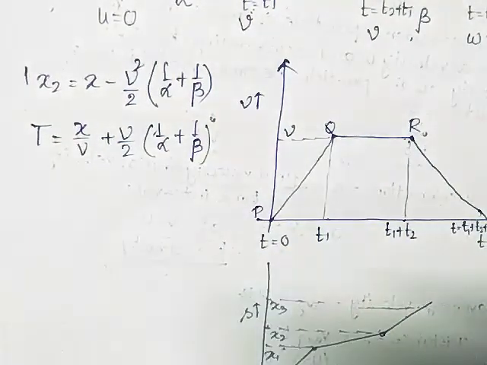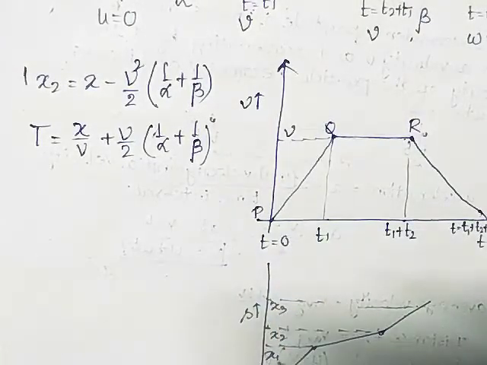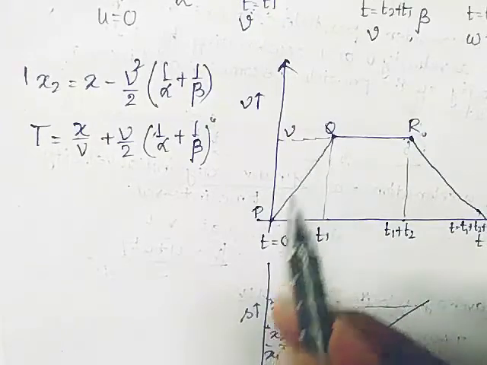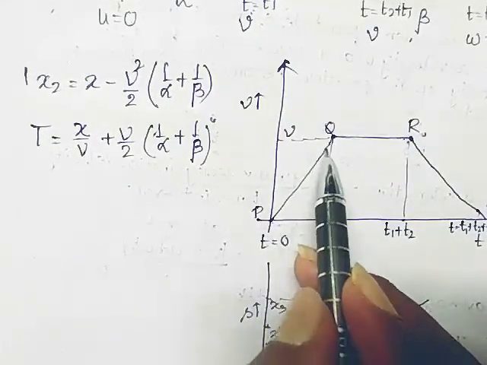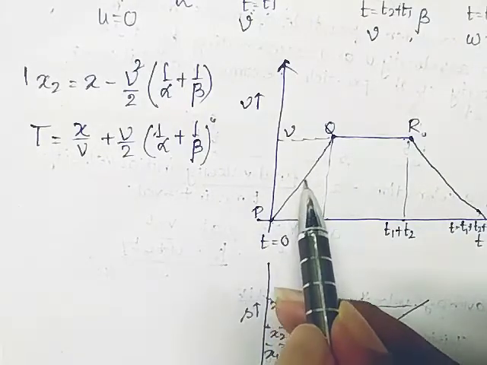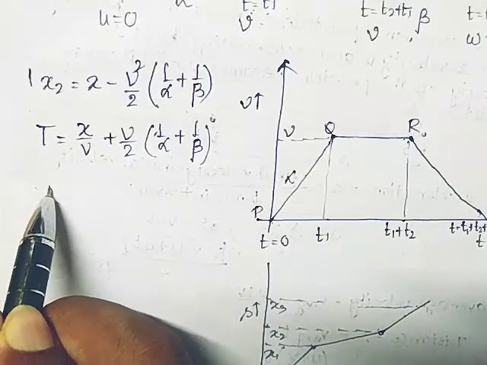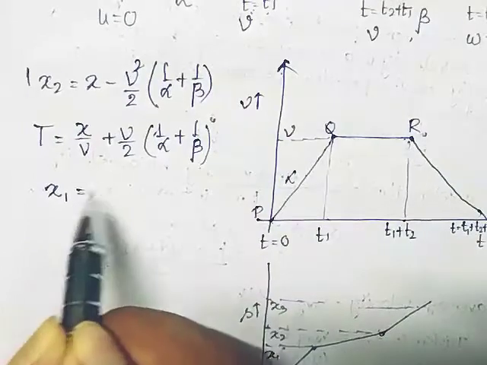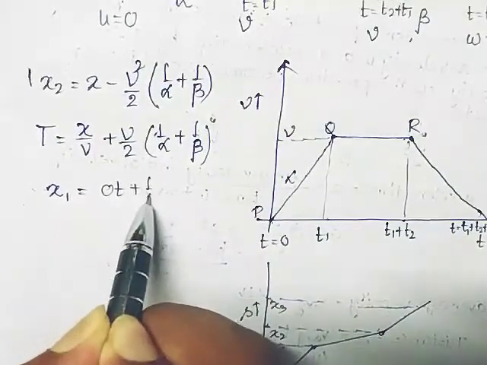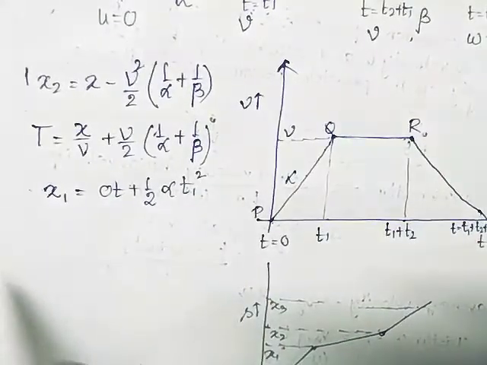For the first case, it covers the distance x1 with the velocity going from 0 to capital V, with acceleration alpha. If I write down the equations, x1 equals 0 into t plus 1 by 2 into alpha into t1 square.